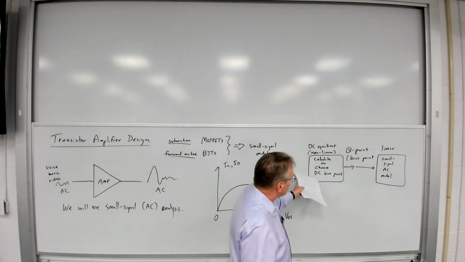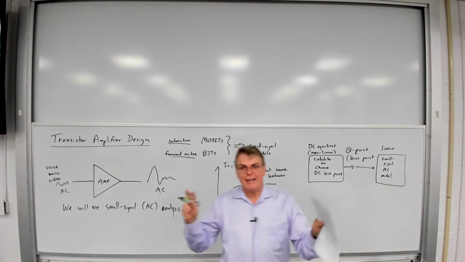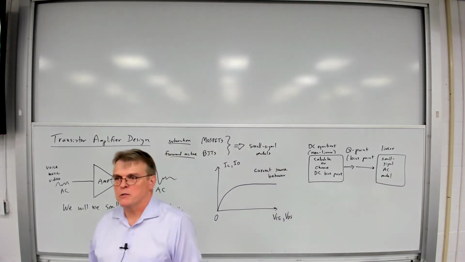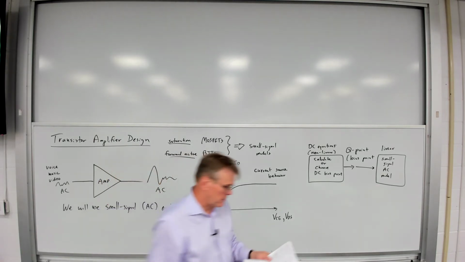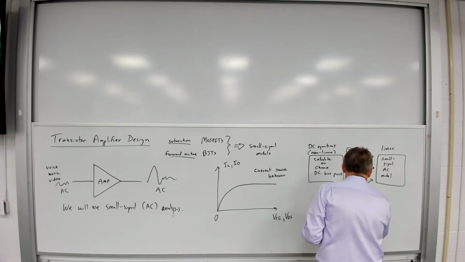So the DC values from the Q point are used to calculate the small signal parameters. And so that's part of the input to our small signal model. The other input will be our AC input signal.